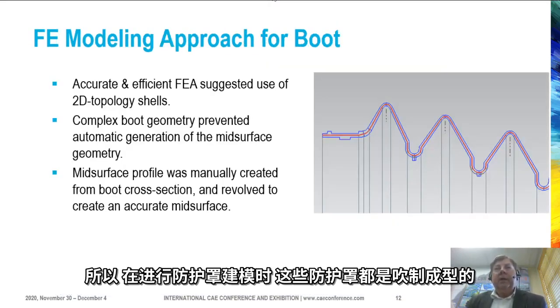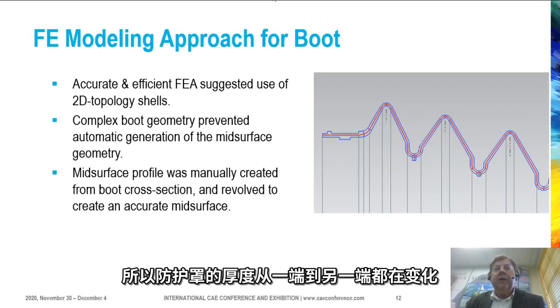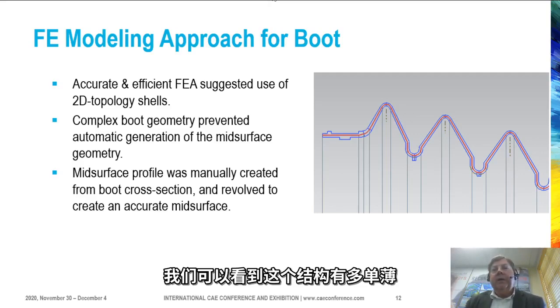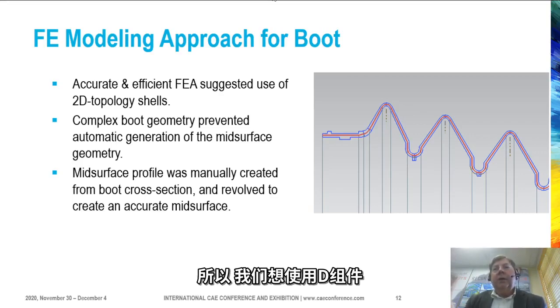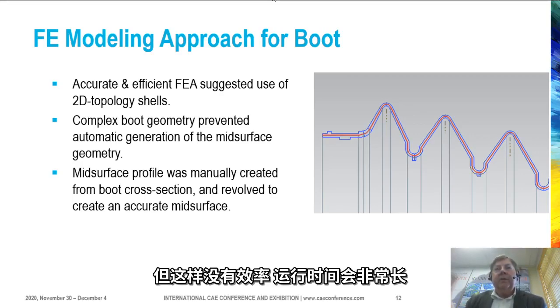In modeling the boot, these boots are blow molded, so the thickness of the boot is changing throughout from one end to the next. And in looking at the structure, we saw how thin it was. So we thought about using 3D elements, but that would not have been efficient.